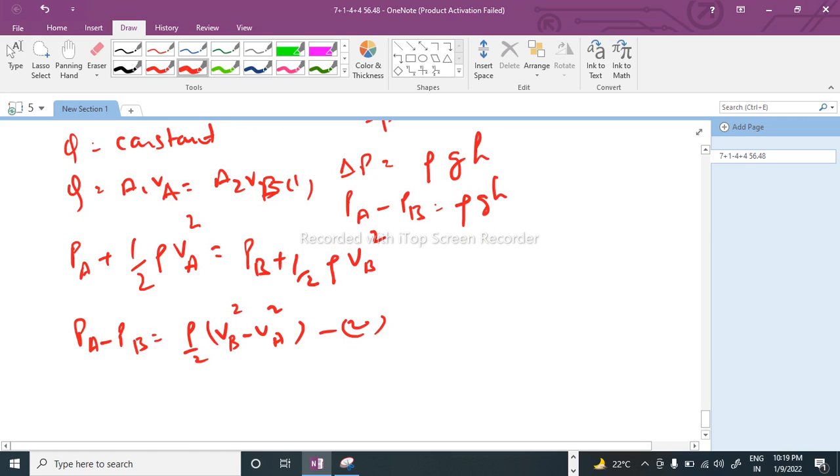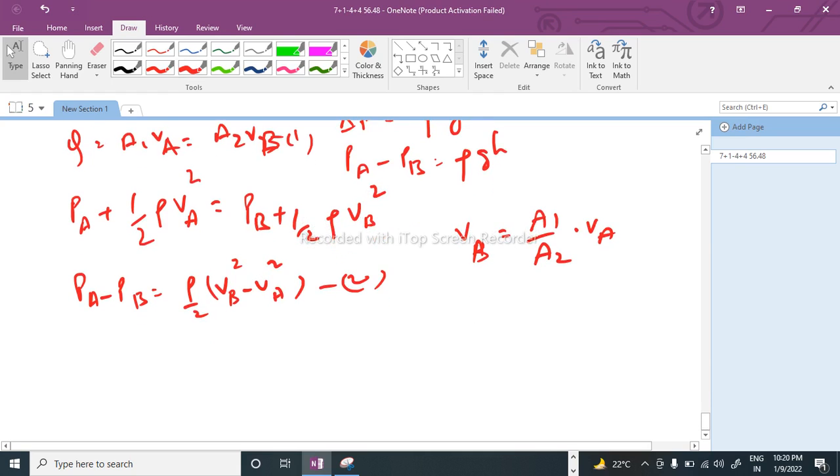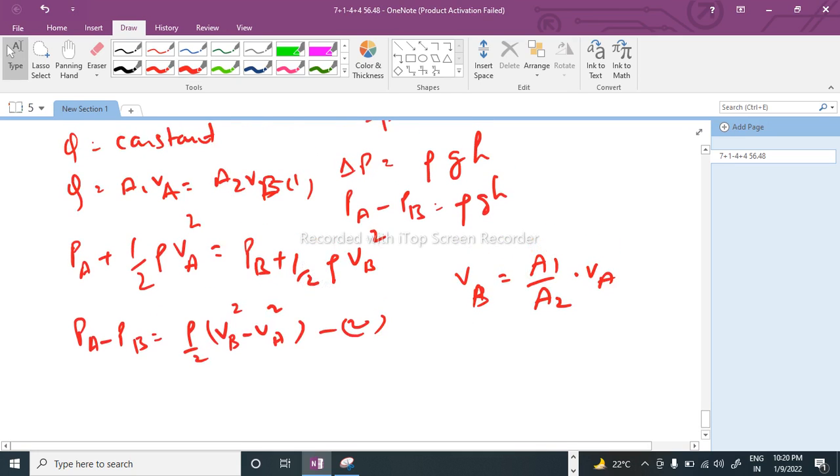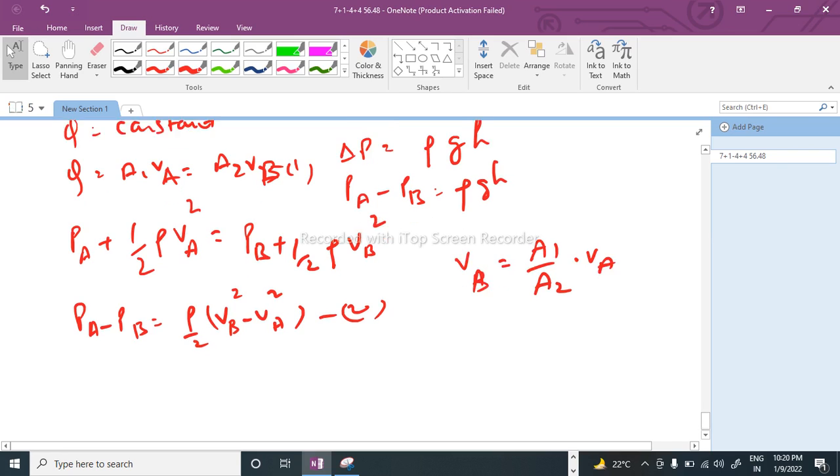So from equation 1 I'm getting VB is equal to A1 by A2 into VA. I'm sorry, we can write VB in terms of VA or VA in terms of VB. We'll write VB in terms of VA.